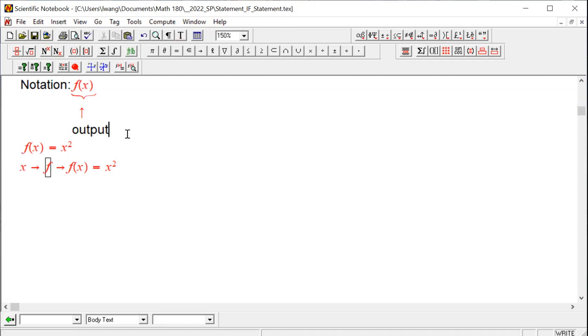Example number 3. Output is given. It says if this piece is equal to 9. What does that mean? It means the output is given. How do we interpret this?